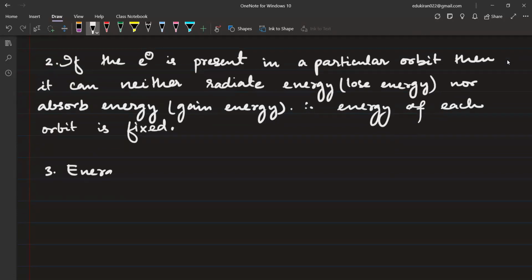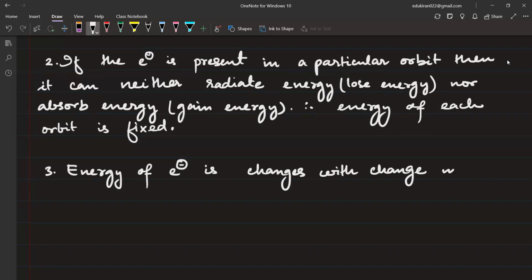Energy of electron is associated, or rather you write like energy of electron changes with change in its orbit.